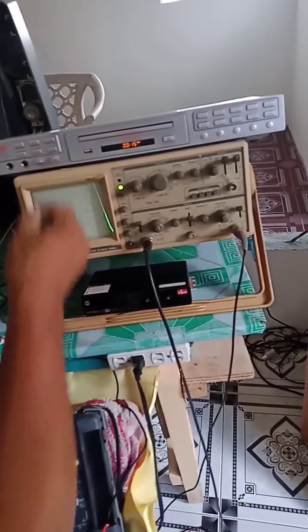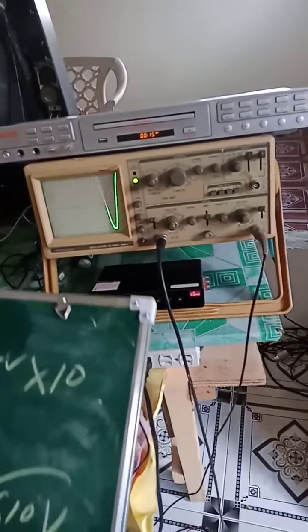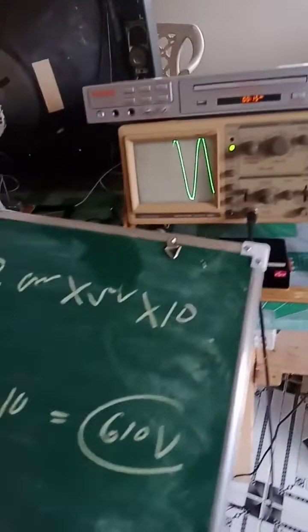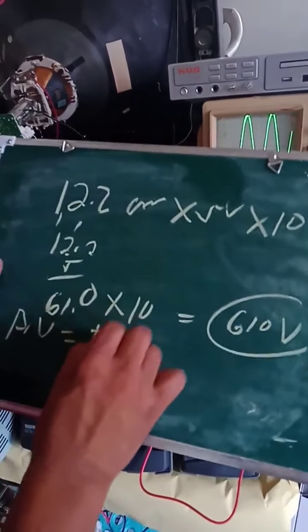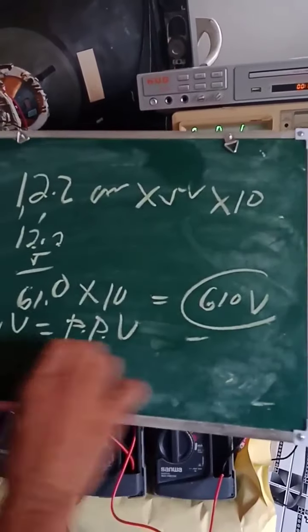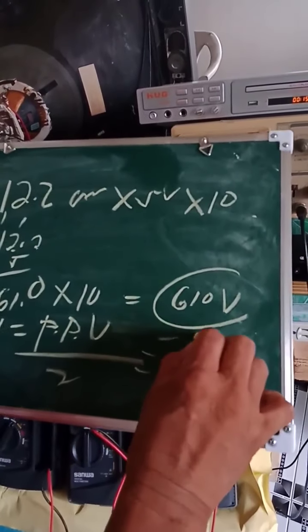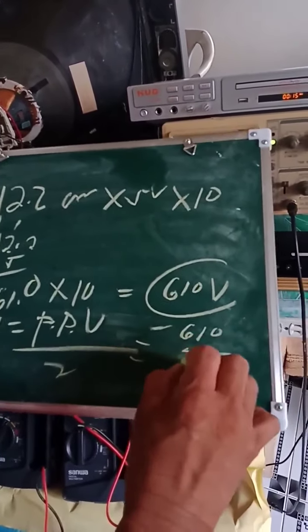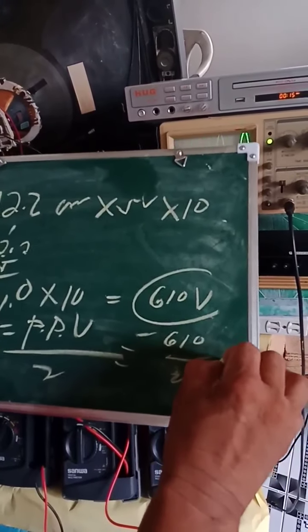Okay. Then what is the peak value? The peak value is equal to the peak-to-peak value divided by 2.